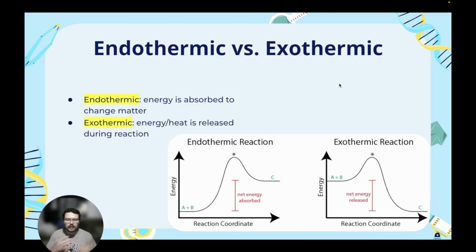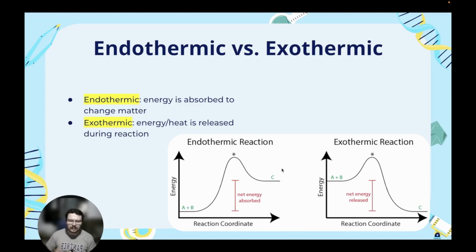So an endothermic reaction is a reaction that requires energy to change that matter. So energy is being absorbed. Endo, inside. So think about that as the reaction has to take in energy to change that matter. Whereas exo is exiting, it is outside of the reaction. So exothermic is releasing heat or energy during the reaction.